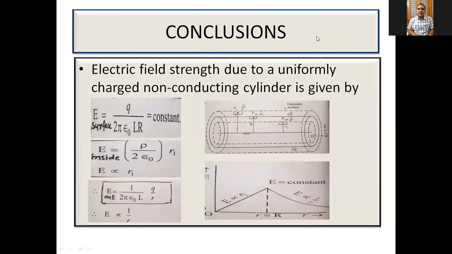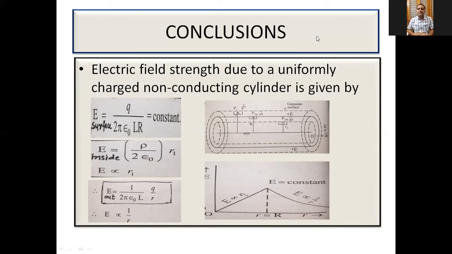After that, we covered the electric field strength due to a uniformly charged non-conducting cylinder. Here also, we discussed three cases: outside of the cylinder, on the surface, and inside the cylinder. To calculate the field strength outside and inside, we constructed a cylindrical Gaussian surface.